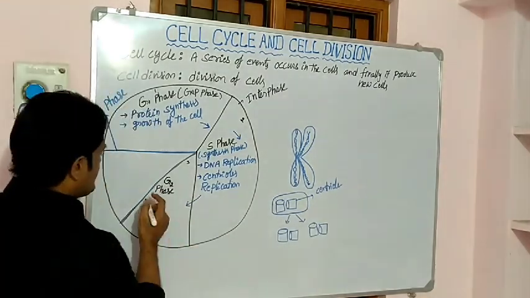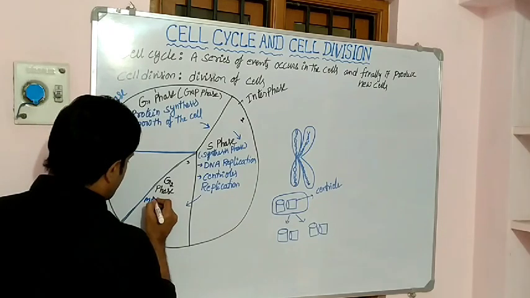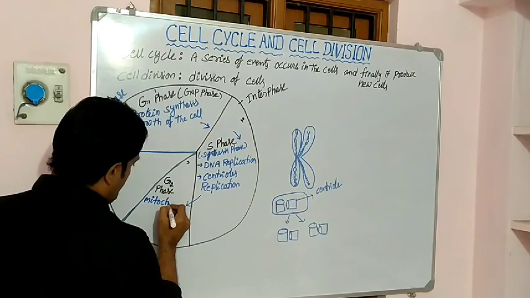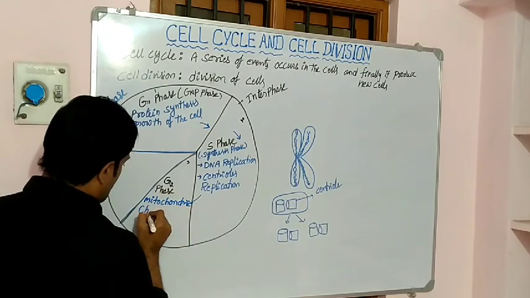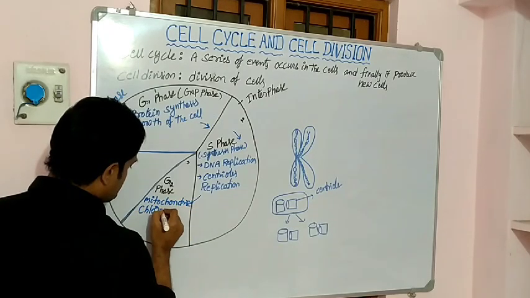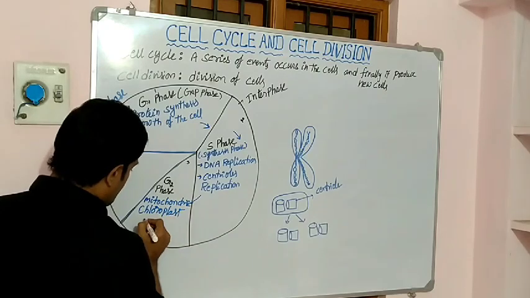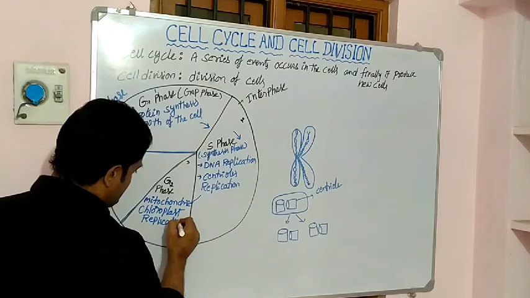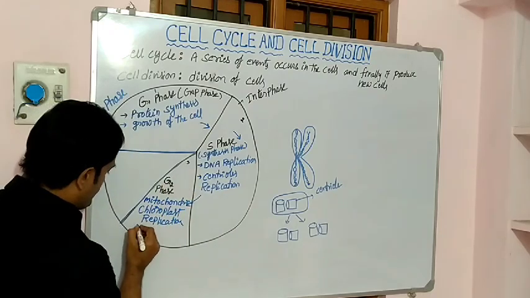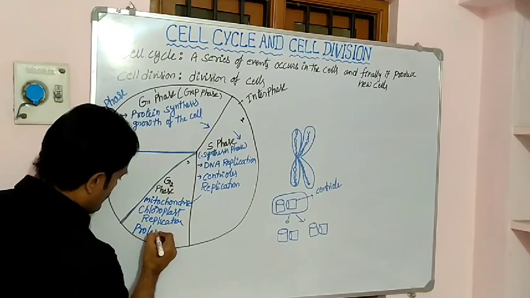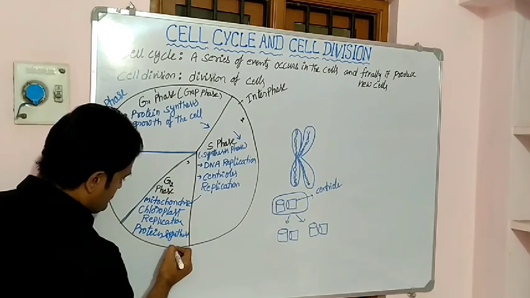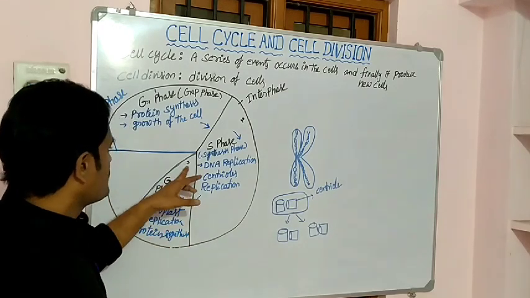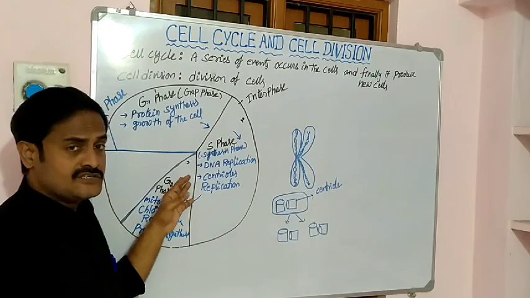See here, mitochondria replication, mitochondria and also chloroplast replication will occur, and also protein synthesis. See here, what are the functions that occur in G2 phase?